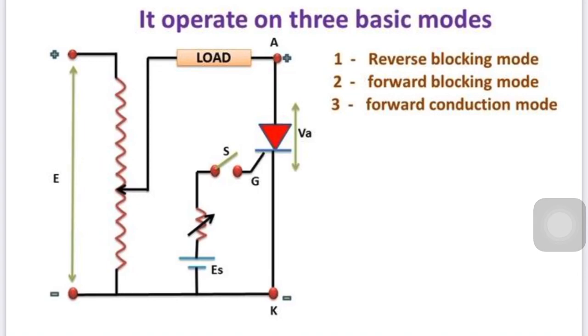Under this condition, SCR is actually off. This continues until the applied voltage reaches the forward breakover voltage, the voltage at which the SCR reaches the latching current and tries to operate.